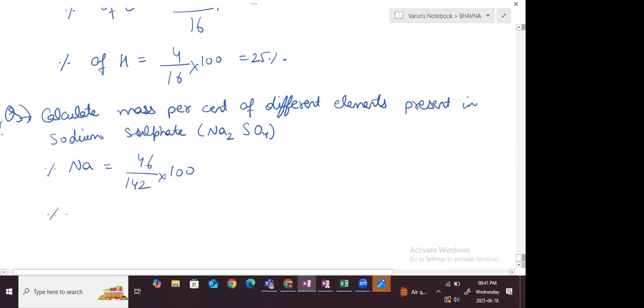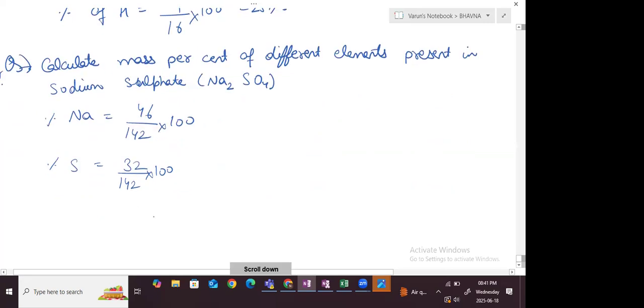And for sulfur, it's 32 by 142 into 100. Good. And for oxygen, it's 64 by 142 into 100. All right. Now the concept is clear. Any doubt in this class? No, ma'am.